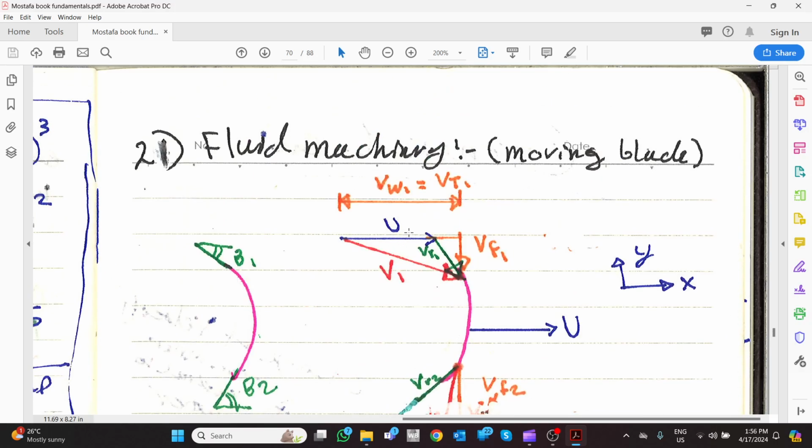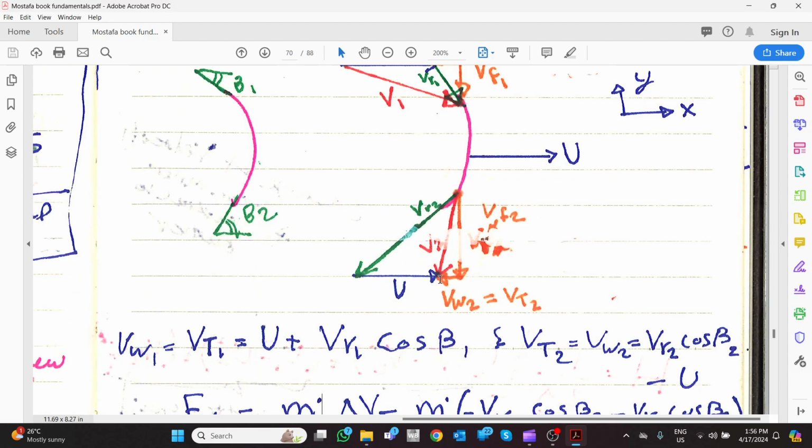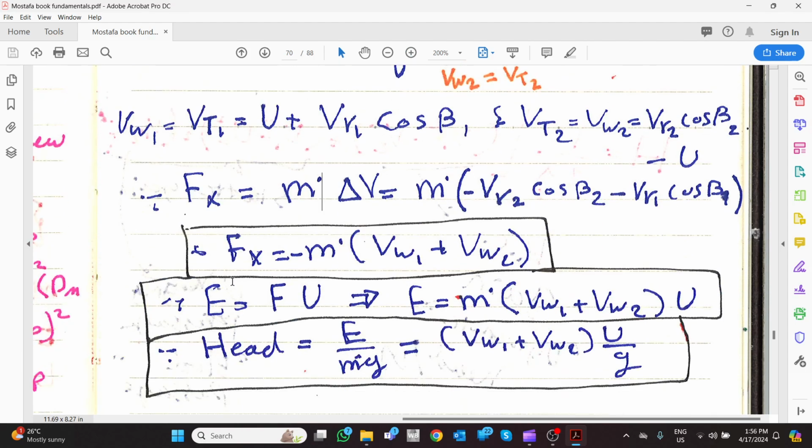Whirling velocity is the x component of the complete v, which we already discussed by logic. If I am outside the plate, I don't care what is happening inside. I know I have velocity x big, velocity x small, and if it is in the same direction, it is minus. If it is in an opposite direction, it will be plus. And this is the force which I have, which is the first equation.